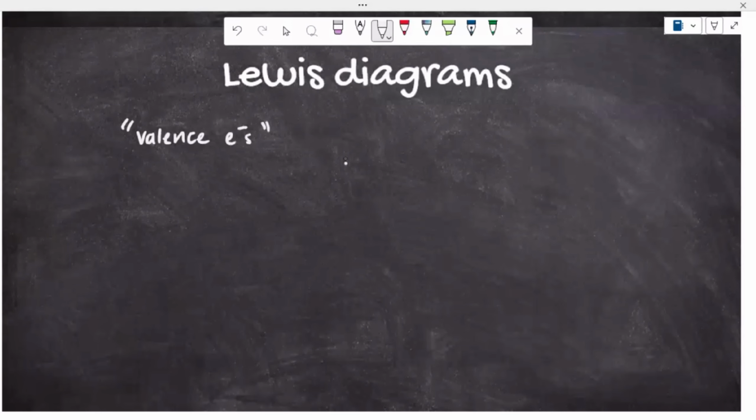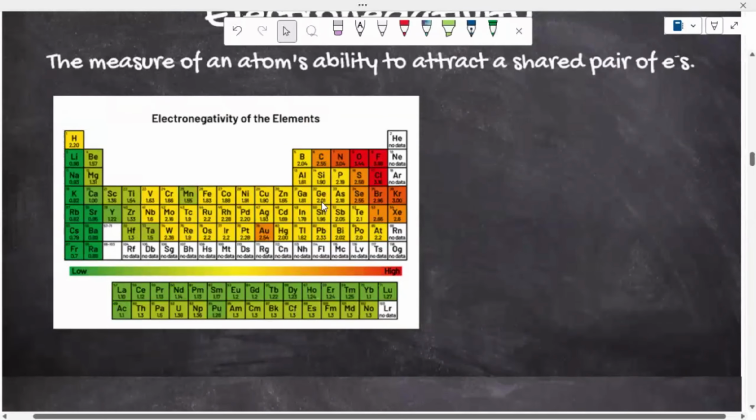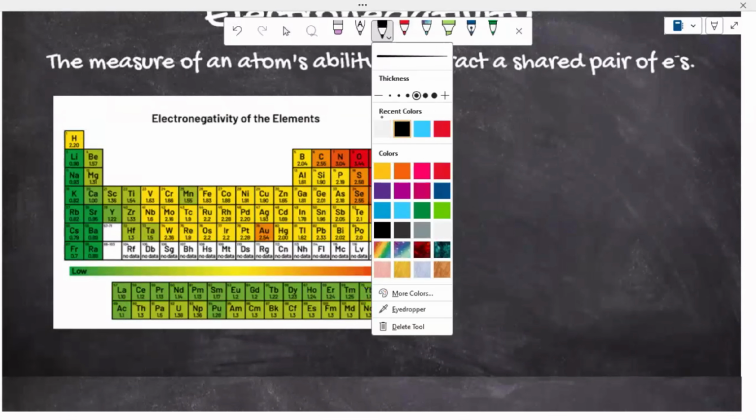right? So you are able to determine your valence electrons based on looking at your periodic table, right? So I actually didn't add a periodic table here, or maybe there's one further down. So here's one where you have the different numbers above your different groups that represent different things, right?